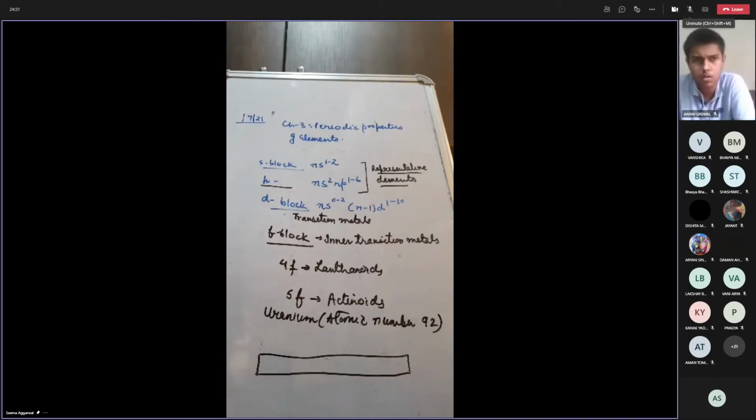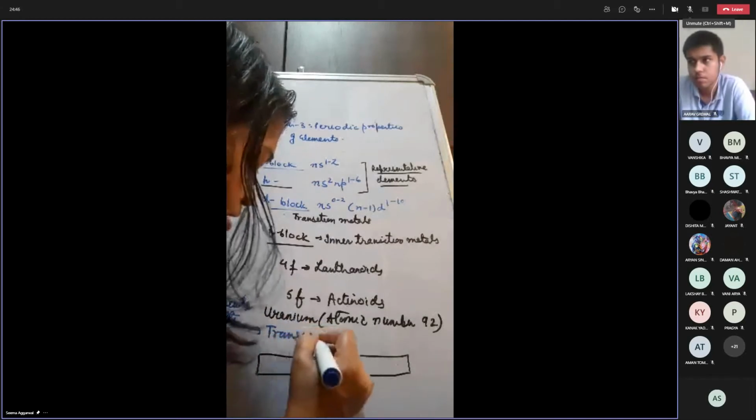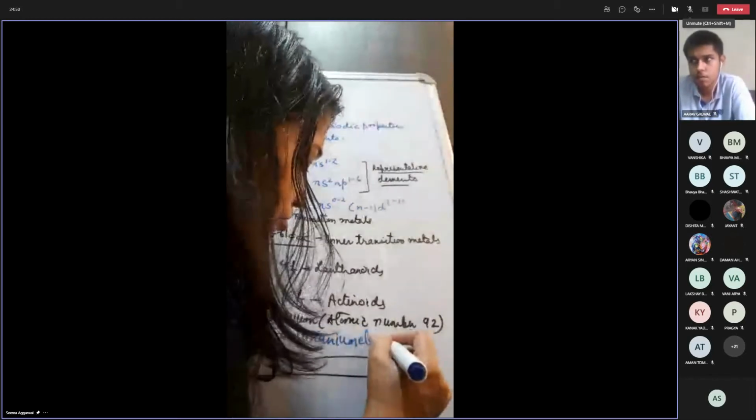Okay, and particularly the elements after uranium are called transuranic elements, and most of these are radioactive.